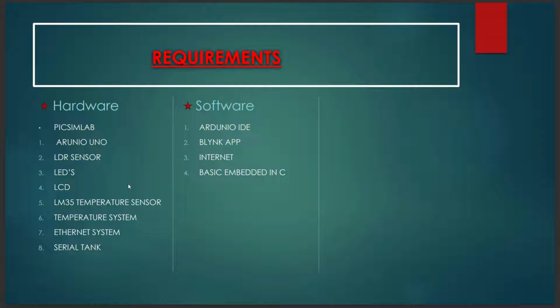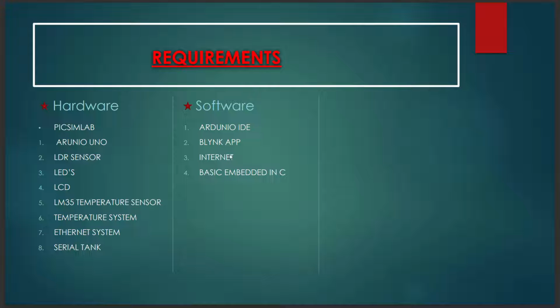Here we have used sensors like the temperature sensor, LDR sensor, etc. The inputs which give data to the board are declared through analog pins. And in Pixim Lab, we have to open and select the Arduino board, and we have to select the LDR sensor. We have to select LEDs in spare parts modules, and LCD and temperature system, and Ethernet, and finally serial tag.